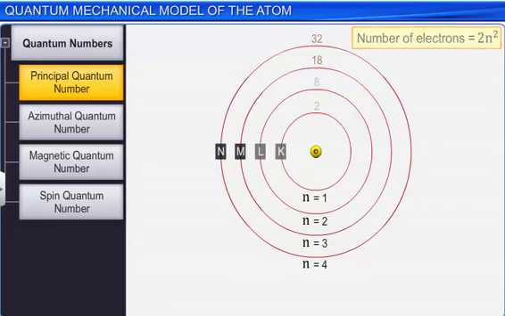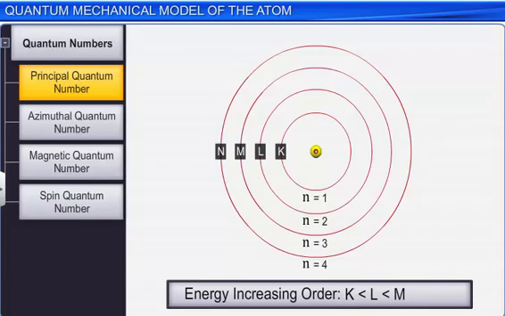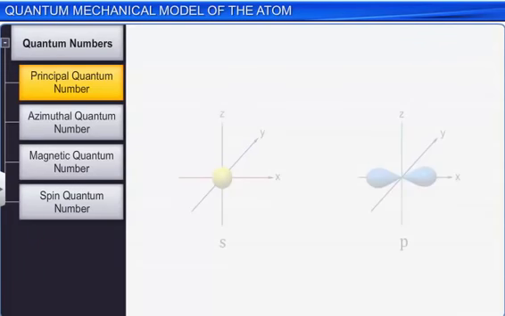As the energy increases with the increase in n, the energies of the various shells follow the sequence K less than L less than M less than N less than, and so on. Let us move on to the next quantum number, that is, the azimuthal quantum number.